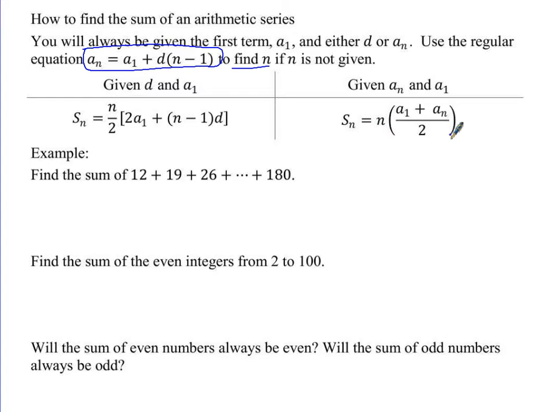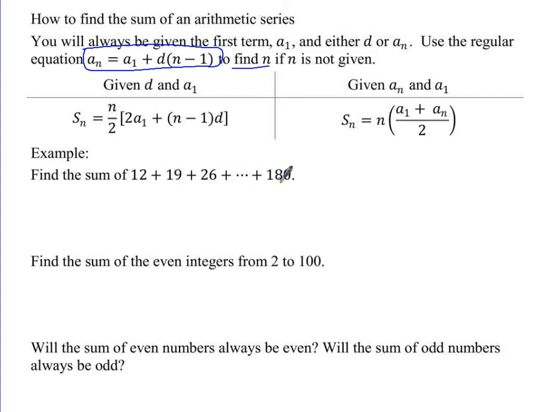So for example, find the sum of all of these here. We have 12 plus 19 plus 26 plus a bunch of other terms all the way up to 180. This as a sequence would be 12, comma 19, comma 26, comma a bunch of other terms all the way up to 180. Is this an arithmetic sequence? Yes, because each time we're adding how much? 7.